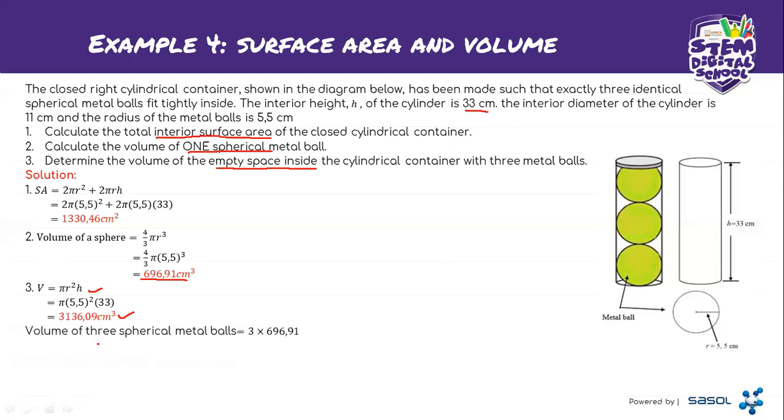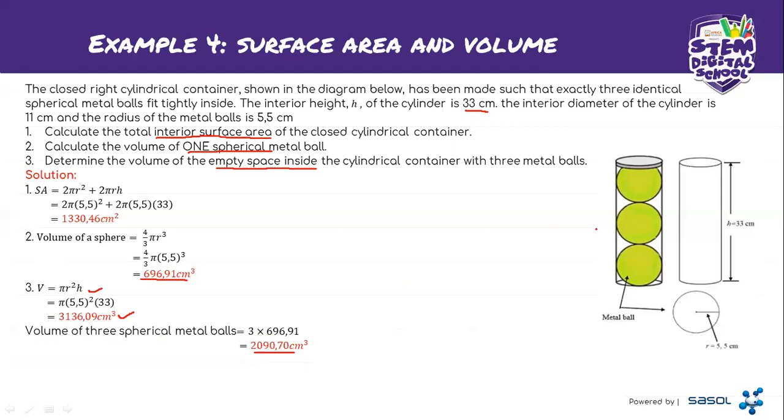Since we want the volume of all 3 balls, we say 3 times the volume of 1, and it gives us 2,090.70 centimeter cubed. So this is the volume that is occupied by these metal balls.